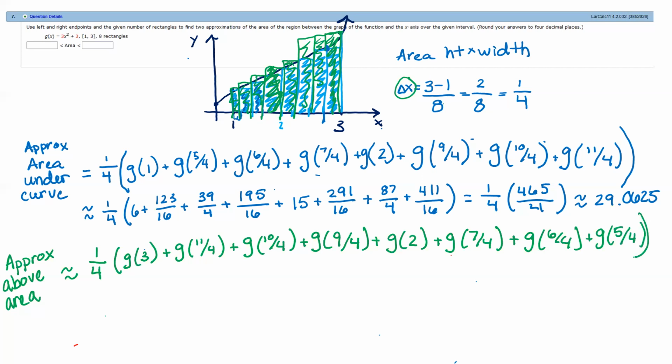And then we've got our 8 there. And you don't have to redo all that arithmetic. You have all of it here. The only difference is, you'll have that G of 3 and you won't have that 6.